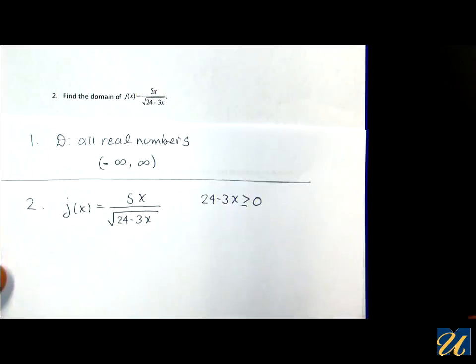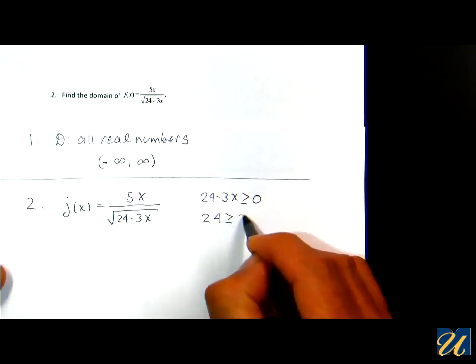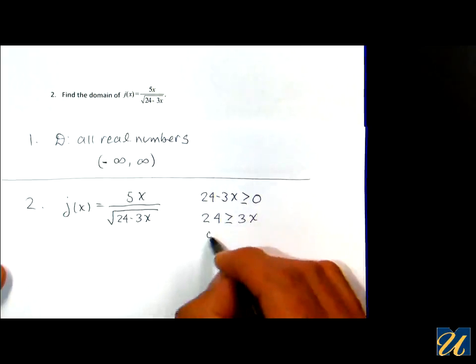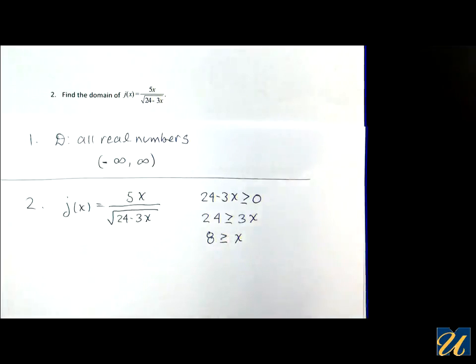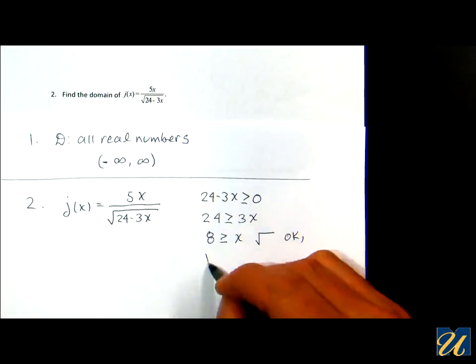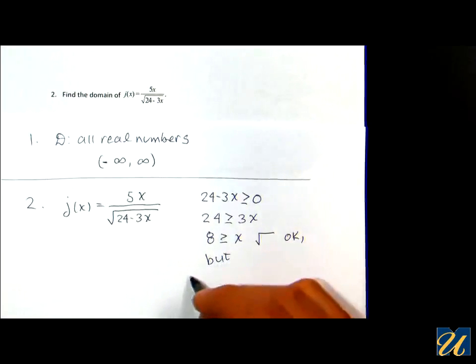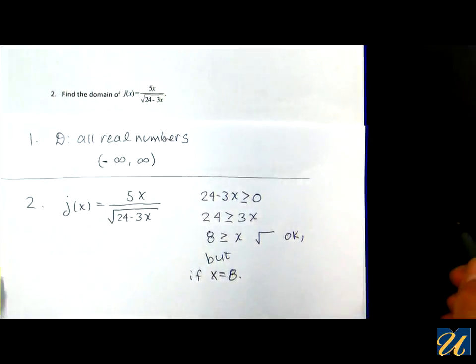So let's first find those numbers right there. That means 24 has to be greater than or equal to 3x, or 8 has to be greater than or equal to x. That would make the square root okay. But if x equals 8, we encounter another problem.